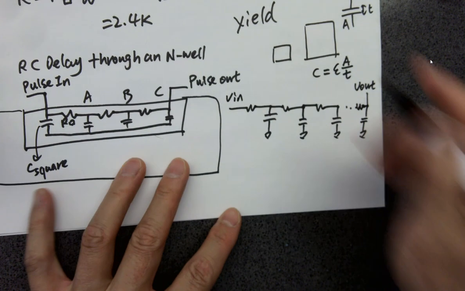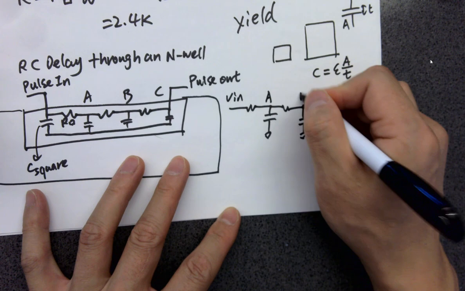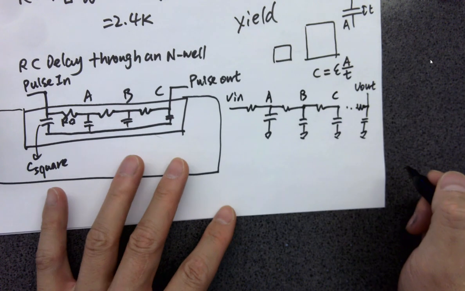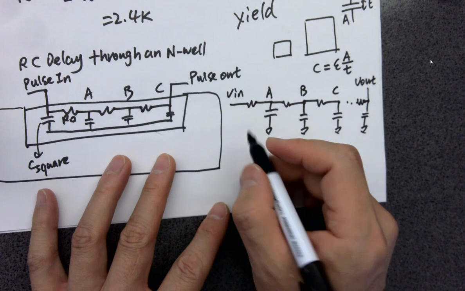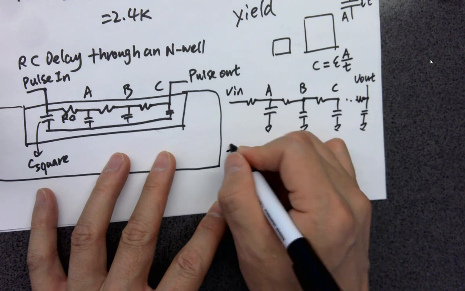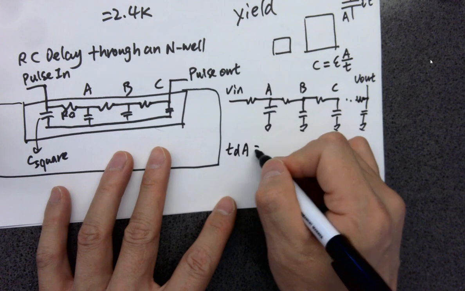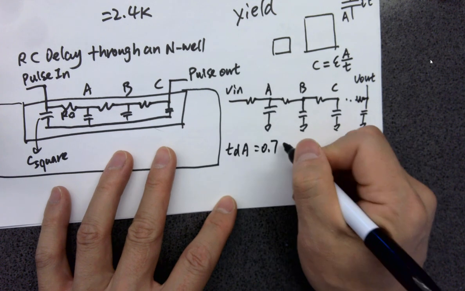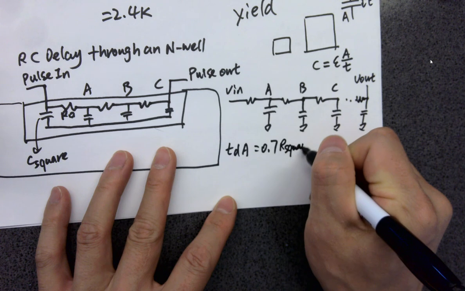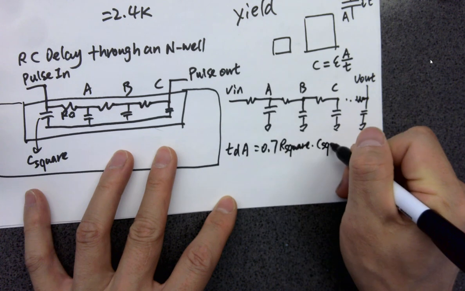Okay? So I label these points as A, B, C, like this. So the time delay from here to point A will be 0.7 R square times C square.